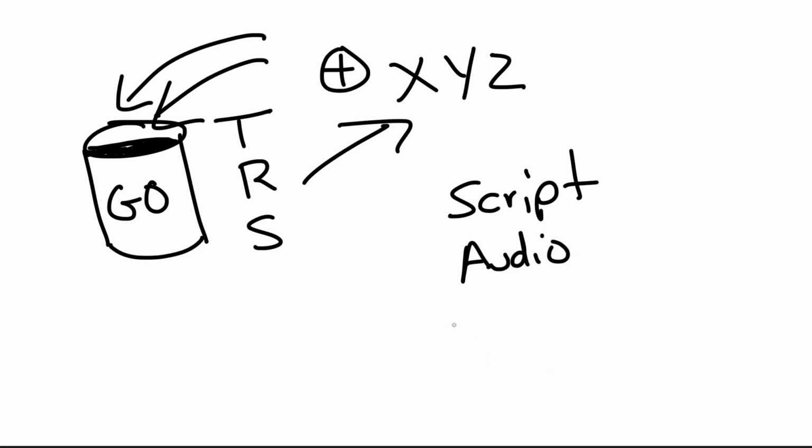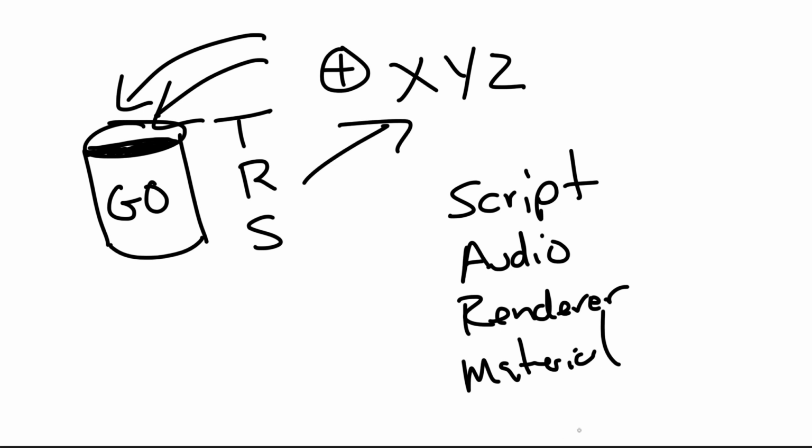It could be a renderer. It could be a material. There's a host of things, and I'll actually show you what these components are when we get over to the Unity interface. But it could be any of these, anything that you attach or add to a game object.